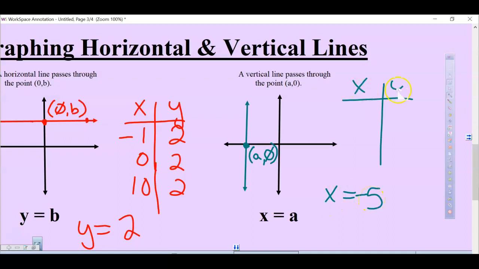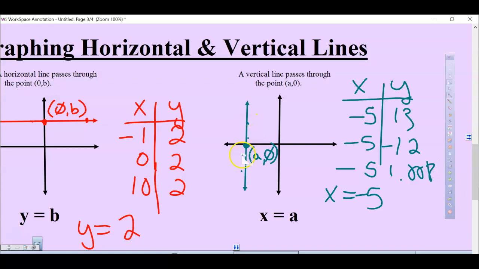So in this case, I do not have a choice of what x is. x has to be -5. It's the y that it really doesn't matter. I mean, y can be 13, it can be -12, it can be 1.008, okay? Whatever y is, x is going to be equal to -5. That's how we get all of those points.